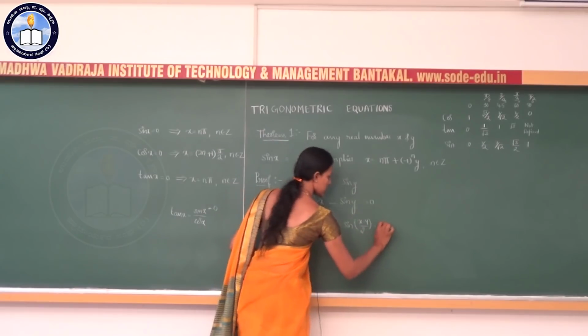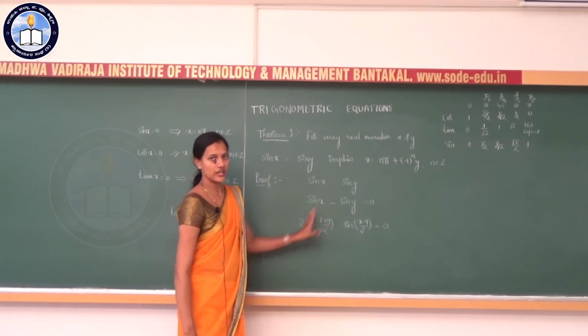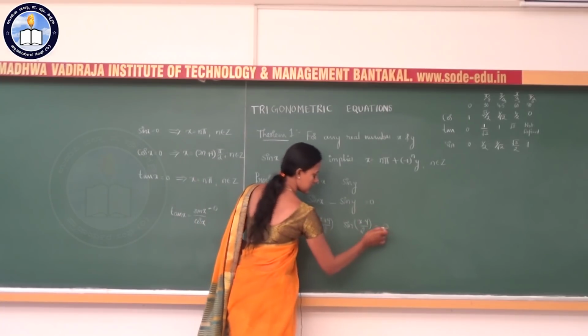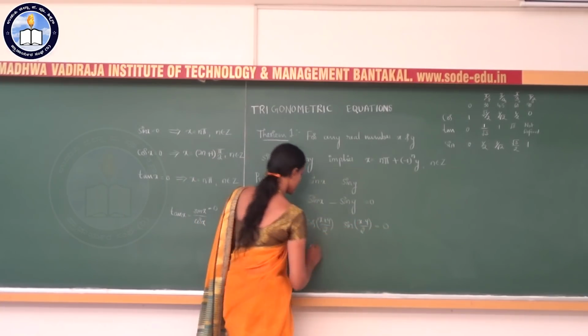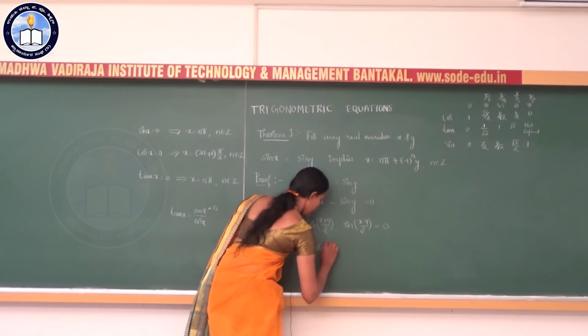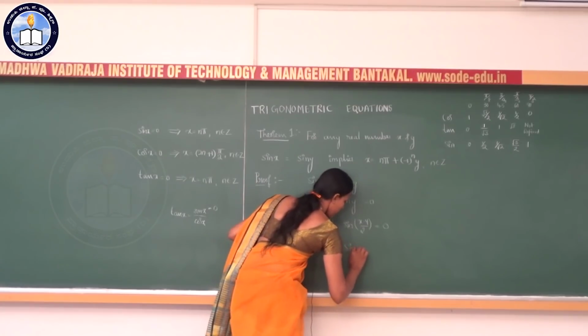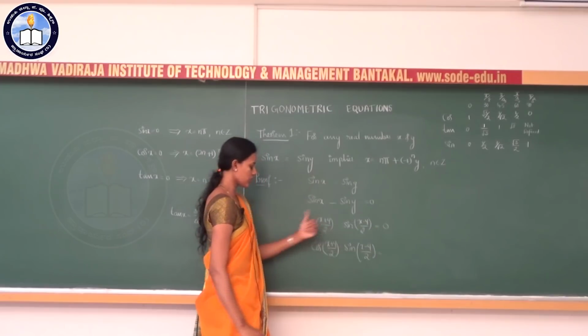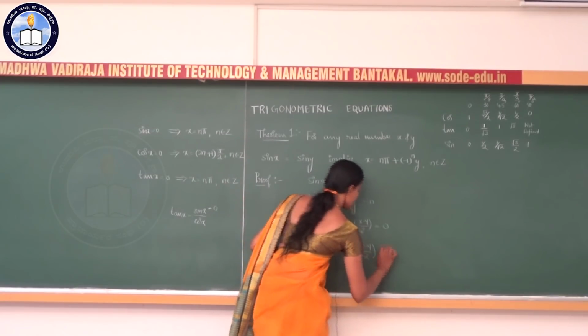Here this is equal to 0. 2, I can take it to the right hand side. Here 2 is multiplied. So, when we take it to the other side, it will be 0 by 2. So, we have cos of (x plus y) by 2 sin of (x minus y) by 2 is equal to 0 divided by 2, that is 0.